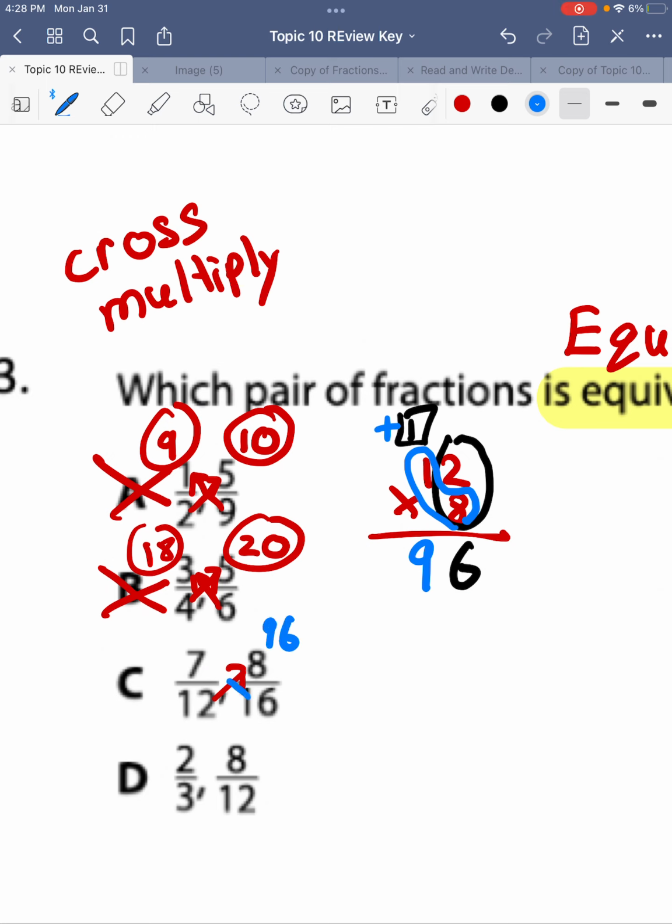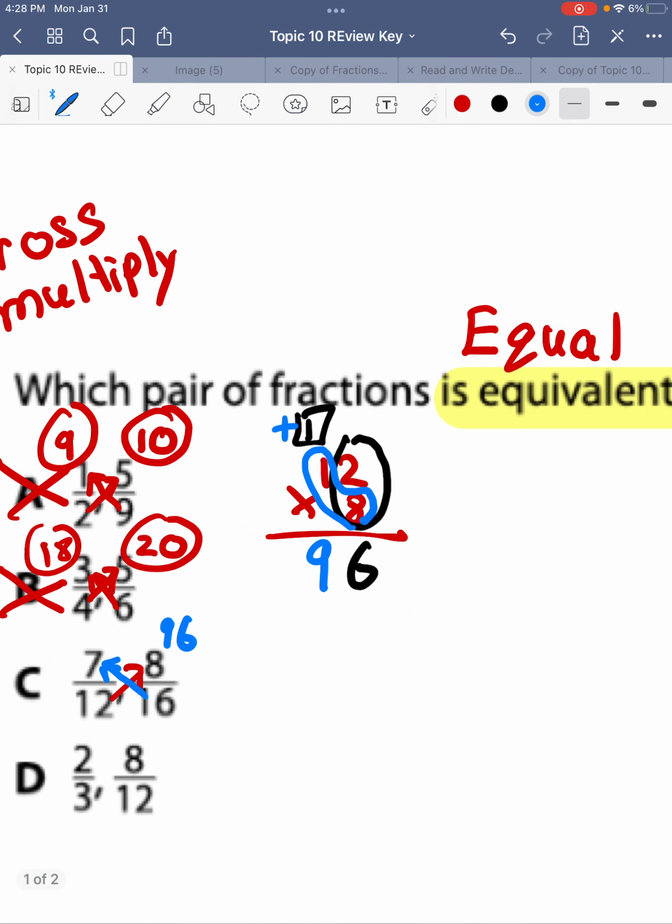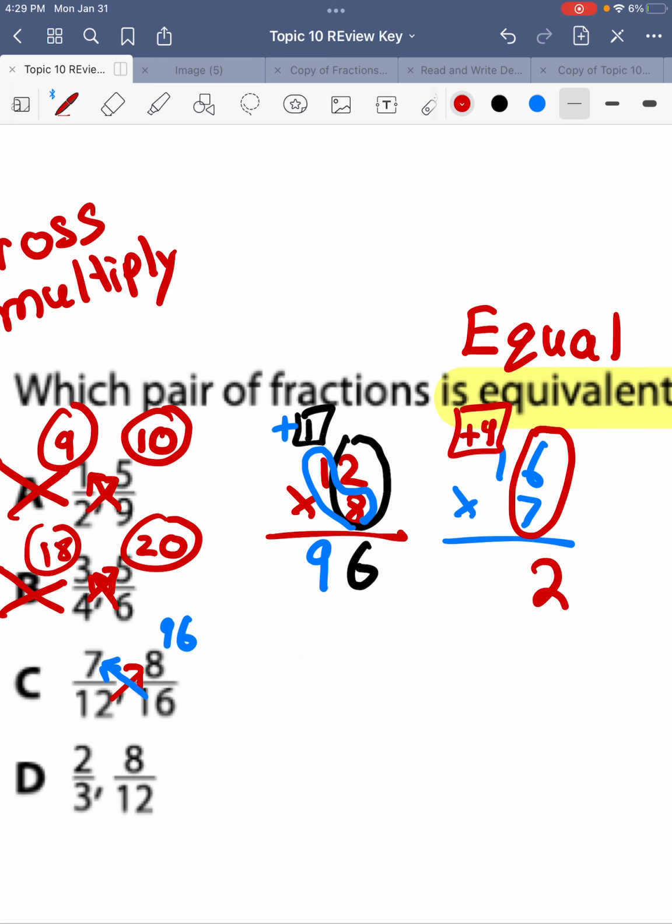Now I have to do 16 times 7. If I don't know, I work it out too. So 16 times 7. I multiply 6 times 7 first. I get 42. Put my 4 up here, 2 down here. Then I do 7 times 1. I get 7. Add the 4. 7, 8, 9, 10, 11.